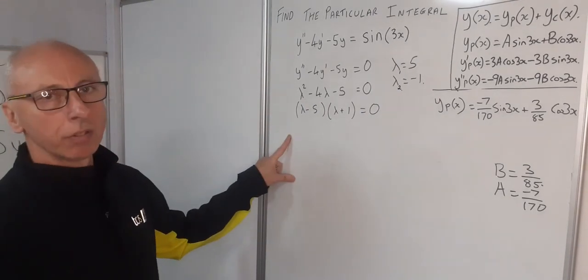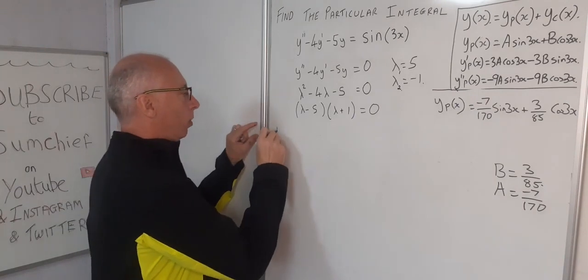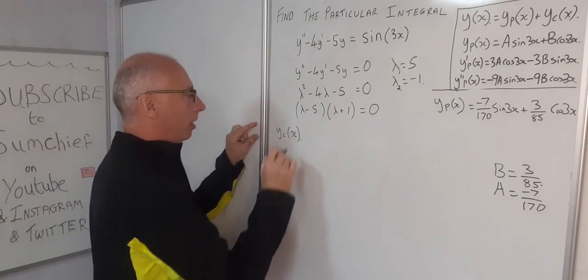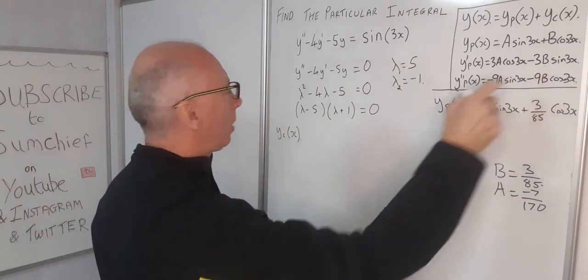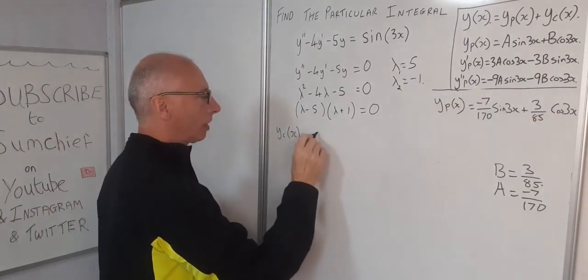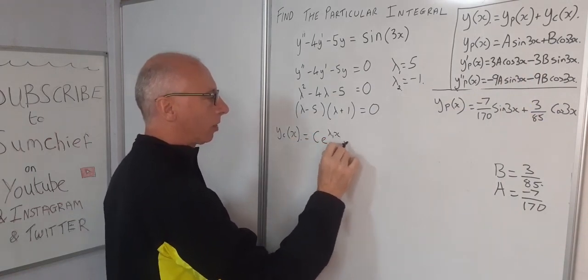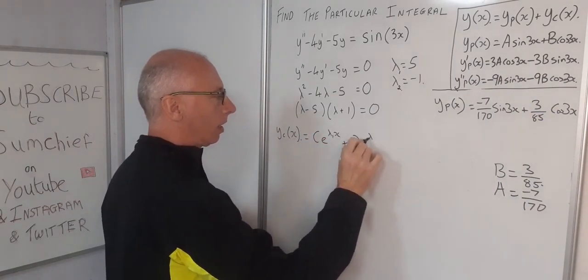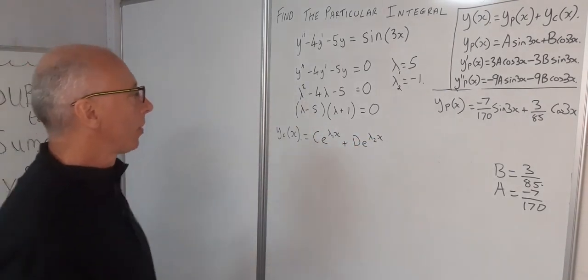So now our complementary function, we're going to use the exponential function. So yc of x, so the format for this, I've already used a and b for my constants, so now I'm going to use c and d. So c e to the lambda 1 x plus d e to the lambda 2 x. That's my complementary function.